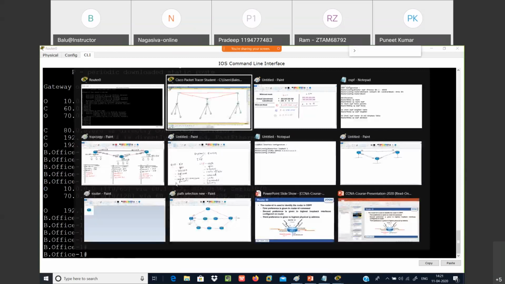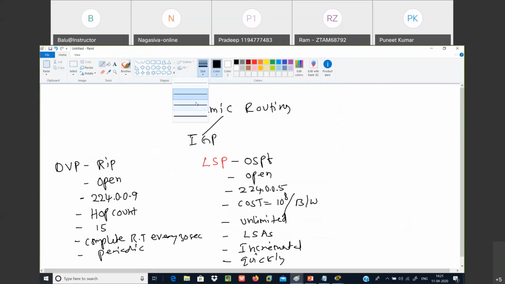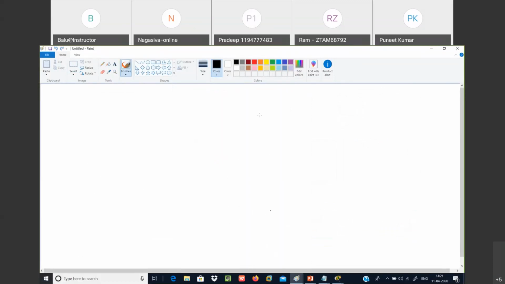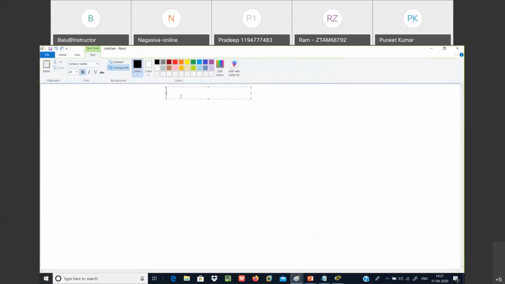Today, our concept. Let me start with the OSPF metric. Today our main topic. What is the OSPF metric? The OSPF metric is cost, right? What's the cost formula?